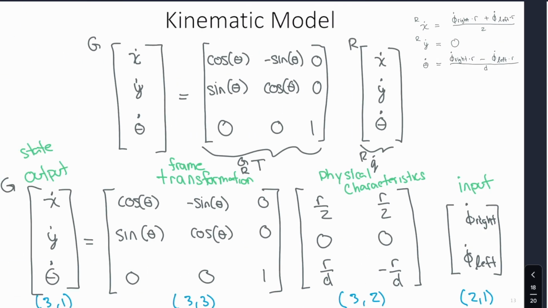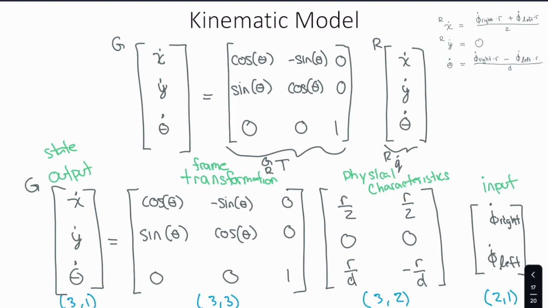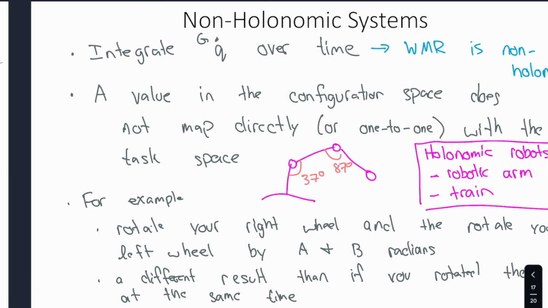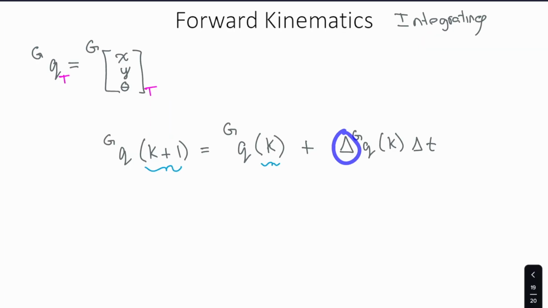All of our analysis of the actual motion of the robot dealt with these dots. Here instead I've introduced a delta and a delta time. The relationship between those is hopefully, if your time step is small enough, that they're approximately equal.